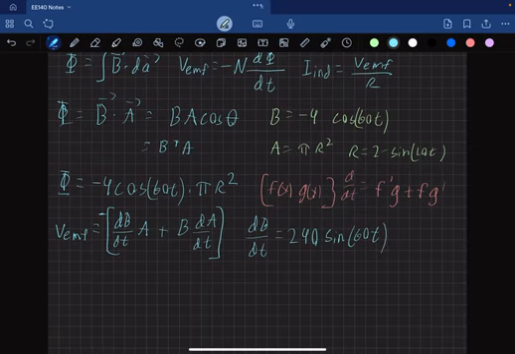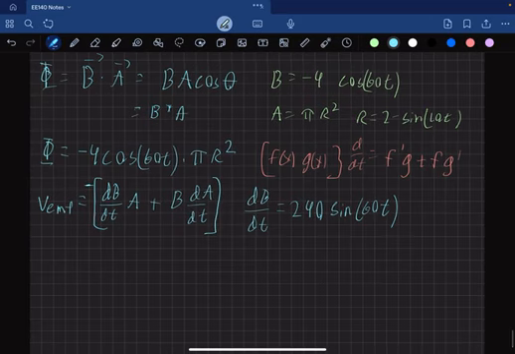Next, we want to find our dA/dt. What is dA/dt equal to? We have pi r squared. The derivative of pi r squared will be 2 pi r, and to consider the chain rule, we also need dr/dt. Now, what is dr/dt?